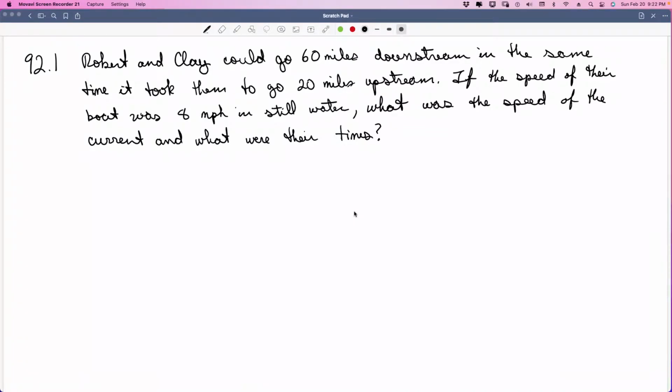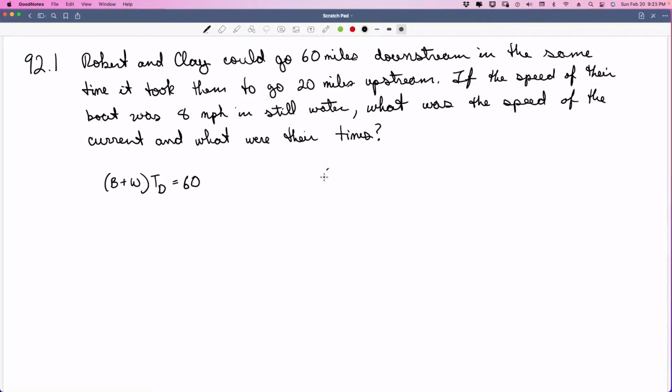So let's apply our downstream equation. Downstream is going to be B plus W times the time downstream, and we know the distance downstream is 60 miles, so let's put 60 in here. Now we're going to do the upstream.